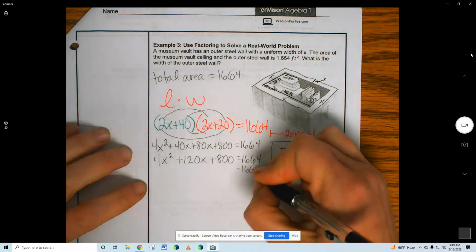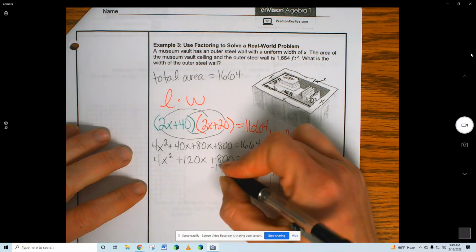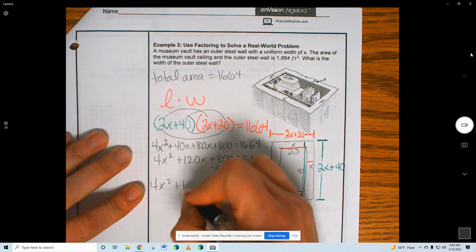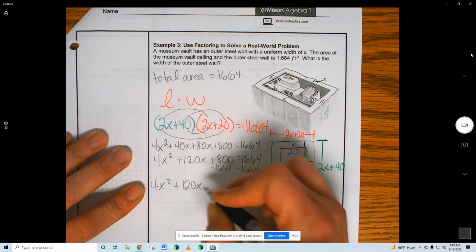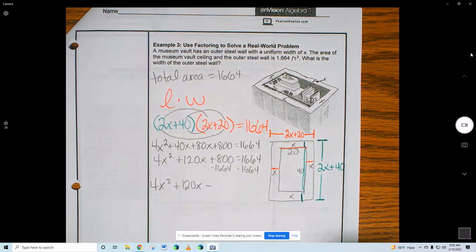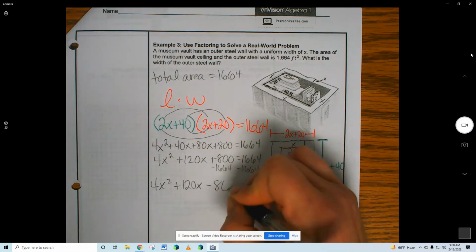Subtract 1664 from 800. 800 minus 1664 is 864.